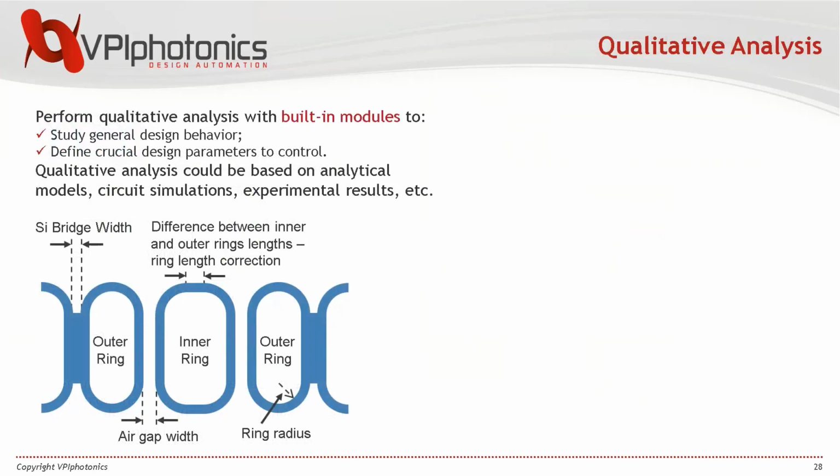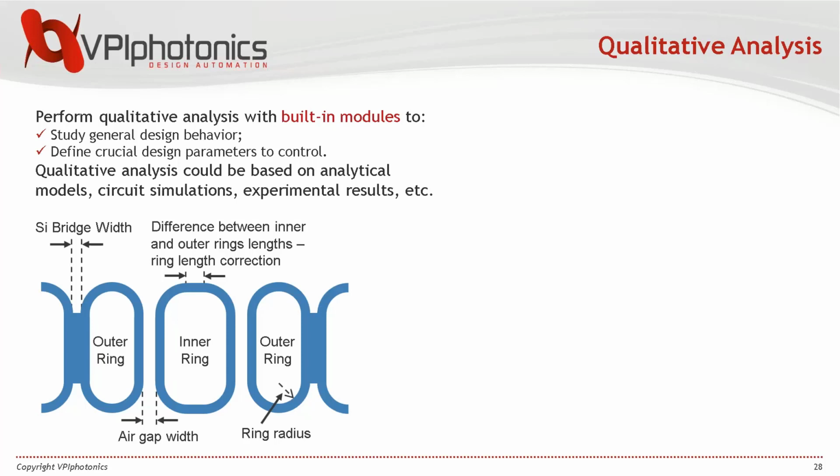So now having this design task, how should we start? Okay, we have some parameters which we need to adjust. They are depicted here. We will mainly concentrate on silicon bridge widths, on widths of the air gap between inner couplers, and the difference between ring lengths of the inner ring and outer rings.